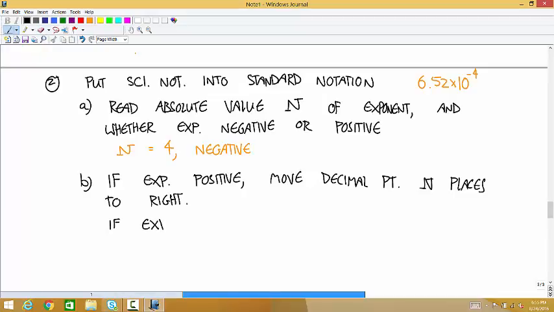If the exponent is negative, move the decimal point n places to the left.